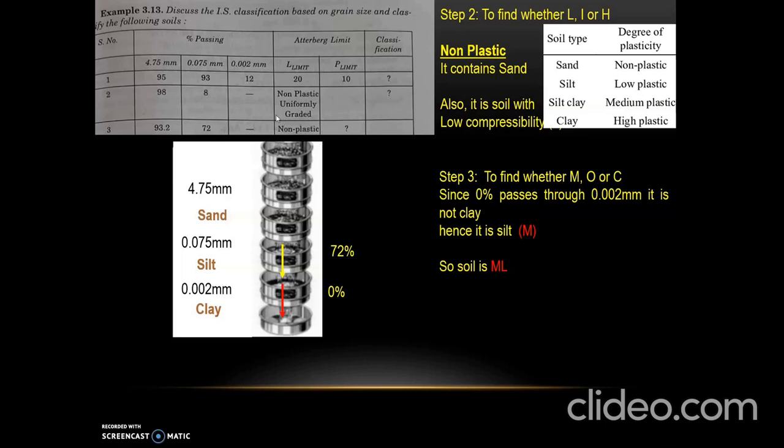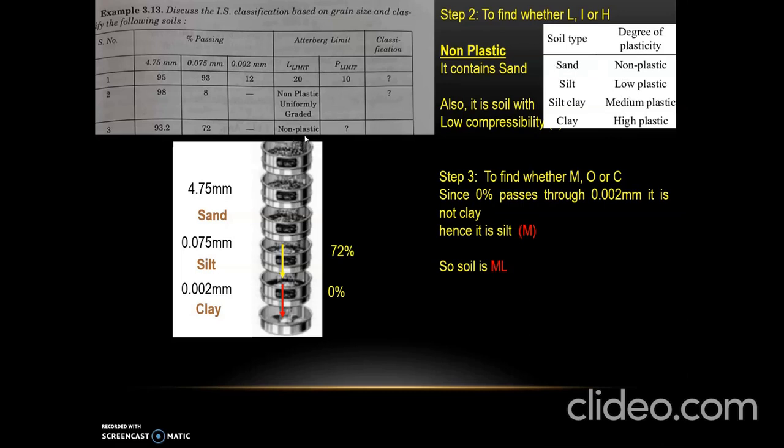To find out that, here we are not given the value of liquid limit, but it is just mentioned that soil is non-plastic. We know that non-plastic soil is sand. That means plasticity index, that is IP value, will be equal to 0. So based on IP value, the soil can be classified as non-plastic, low, medium or high plastic soil.